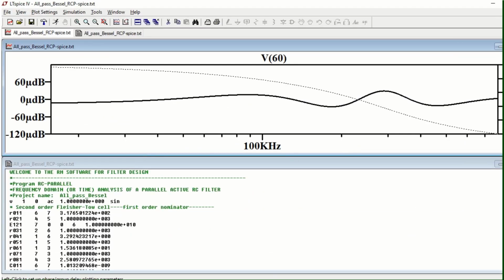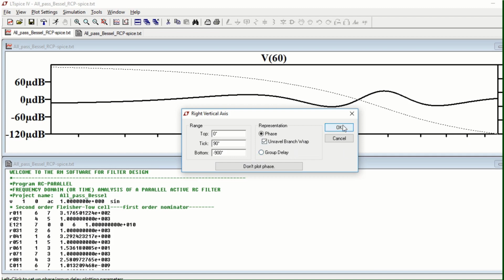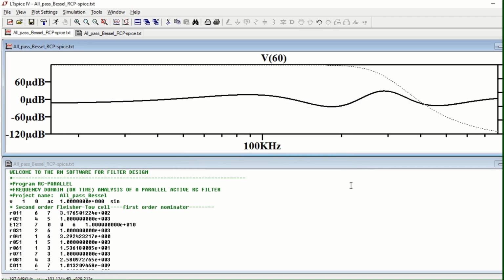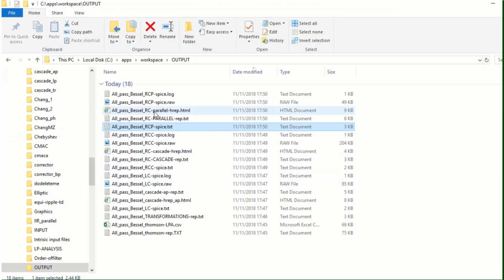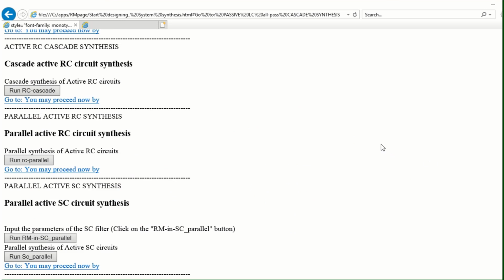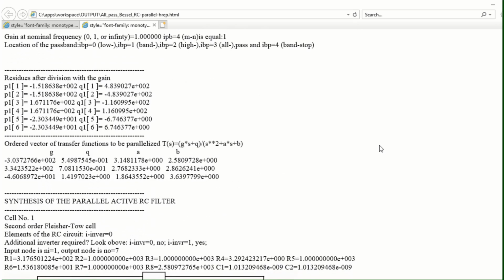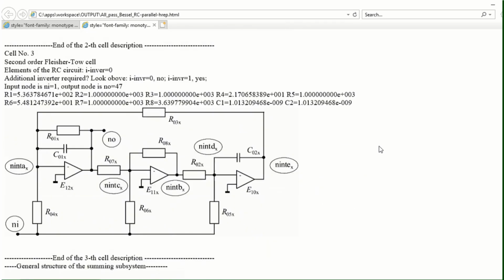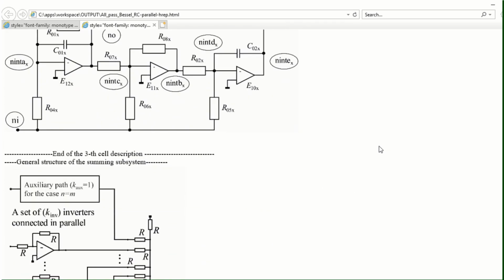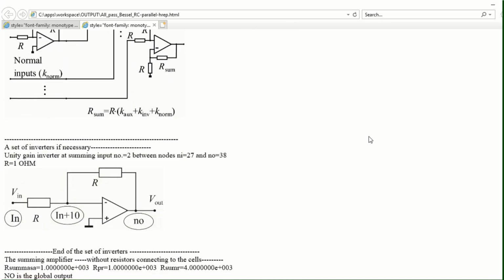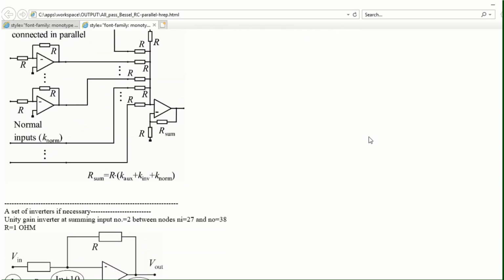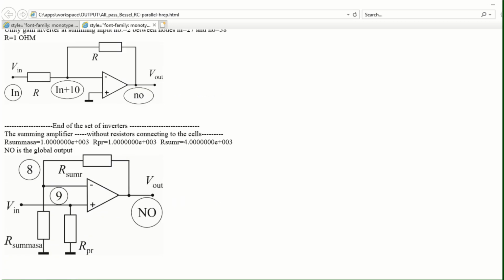Again, about 0 microdecibel and about 200 kilohertz is the approximation interval, and this is the schematic. Now it is parallel. The parallel realization practically uses always the same cells due to the nature of the structure. And this is the summing, and this is the details of the summing.